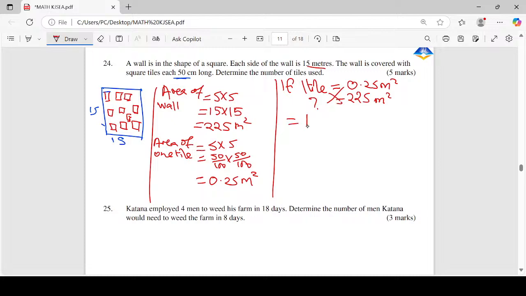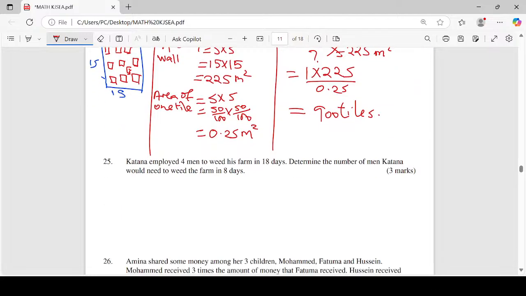This is now going to be 1 times 225 divided by 0.25. When you do that division, you get 900 tiles. So the number of tiles required is 900 tiles.